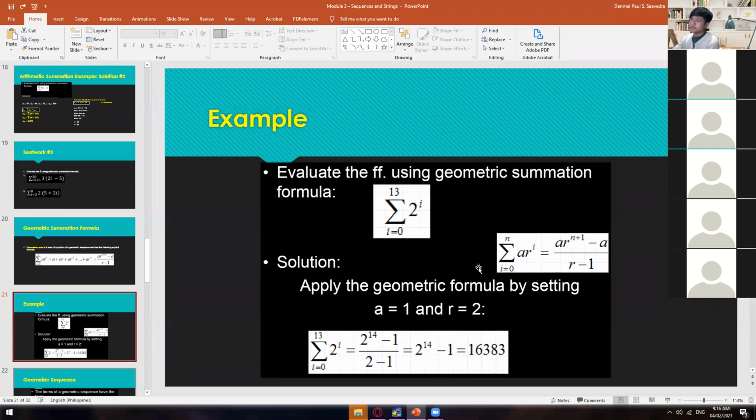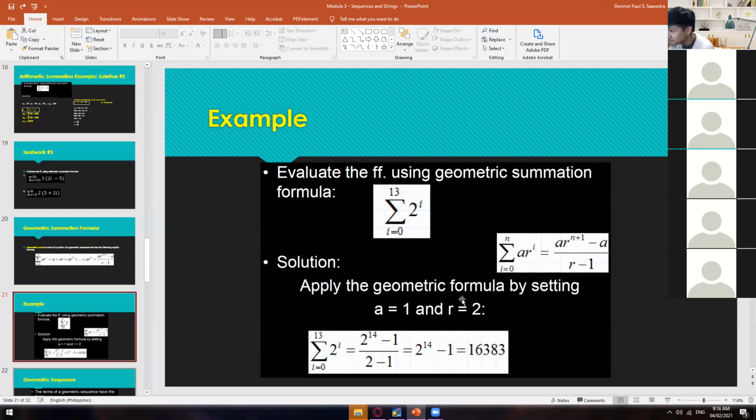So were you guys able to grasp the idea regarding this formula? Hello? Are you guys still there?